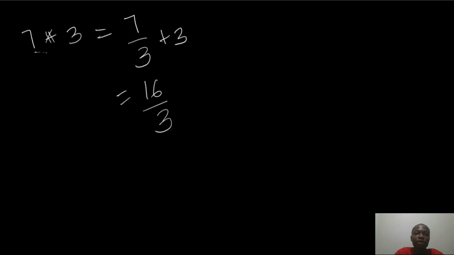And now the next question is saying that we should show if the operation is commutative. So for this part, let me write it here. We're given a star b to be equal to a over b plus 3.